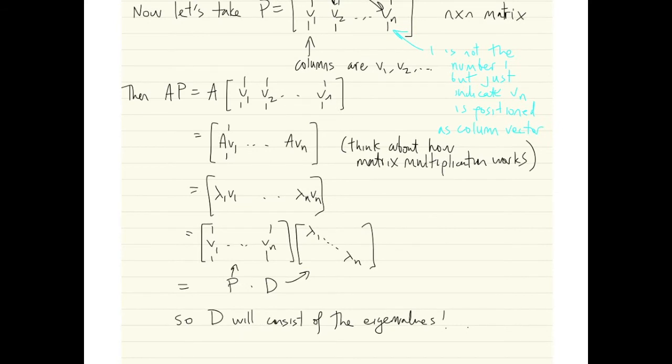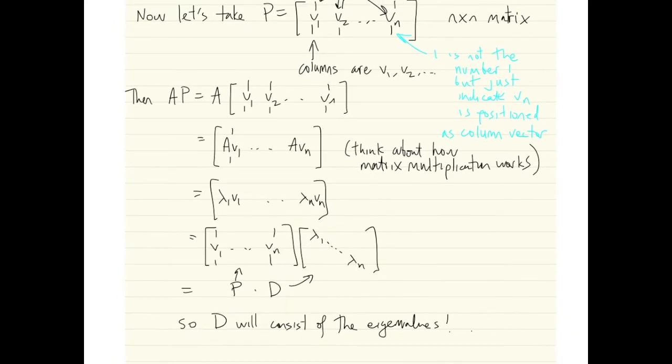And then this here was our original matrix P, and if we let D be this diagonal matrix of the eigenvalues, we do get P times D. So we do indeed have AP equal to PD, with D being a diagonal matrix.